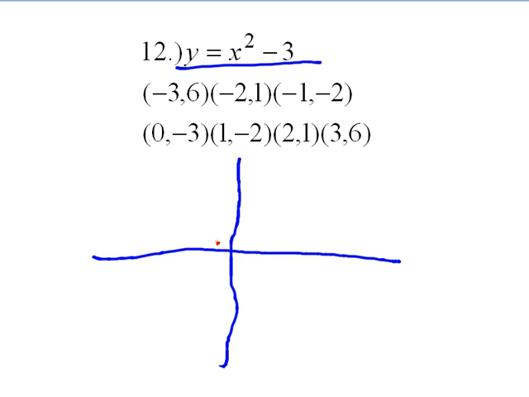So negative 3, 1, 2, 3, and 6, 1, 2, 3, 4, 5, 6. Okay. Then negative 2, 1, 1, 2, and 1.